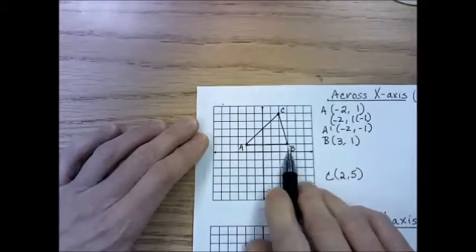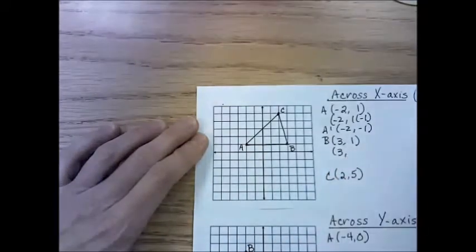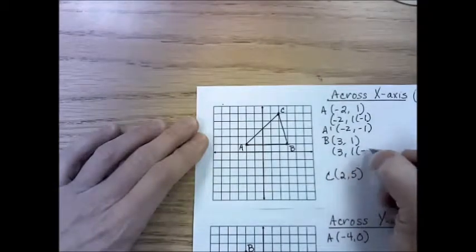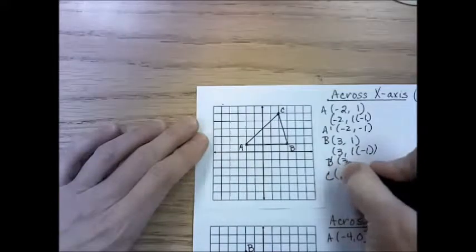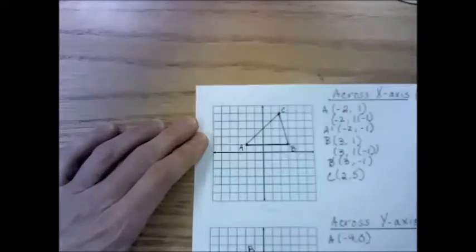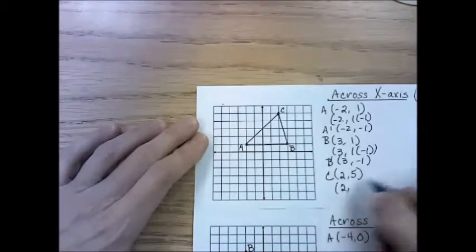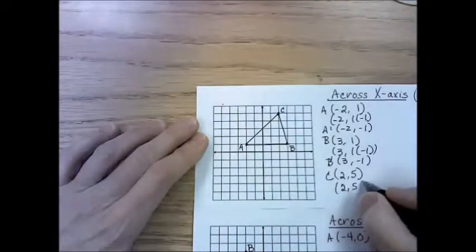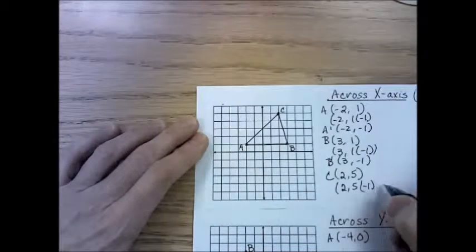For B, we're located at 3, 1. So 3 stays the same, and we take our 1 and multiply that by -1. So B prime is 3, -1. For C, our 2 stays the same, and we're going to take our 5 here and multiply by -1.